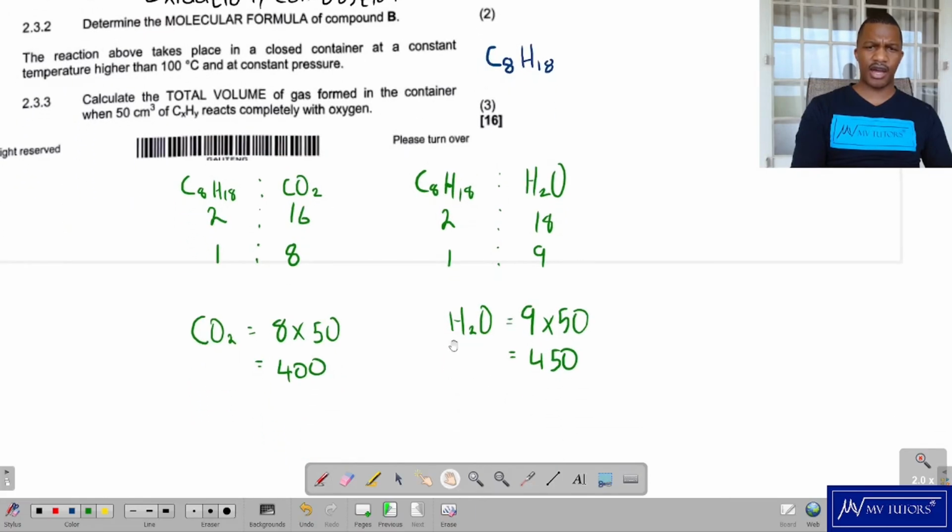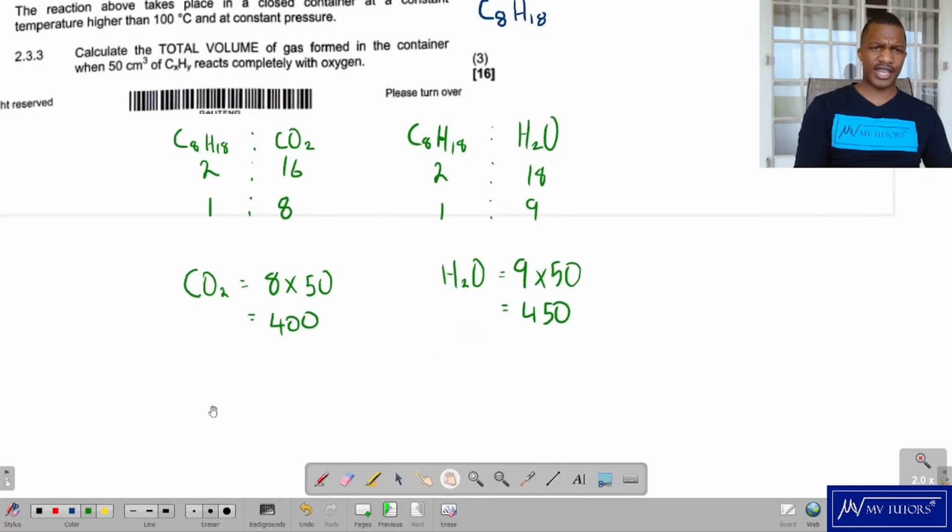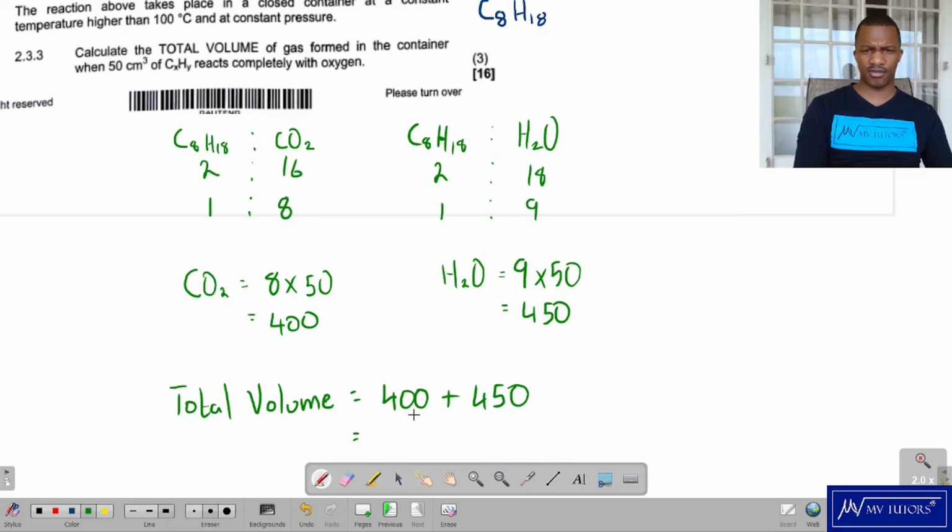Now all we have to do to get the total volume is 400 plus 450, which gives us 850.